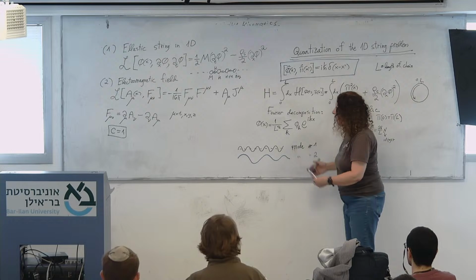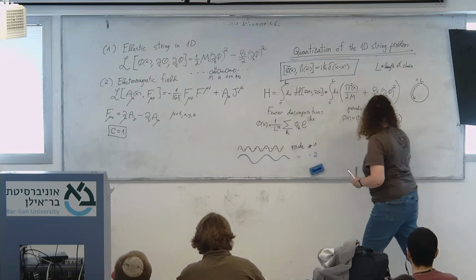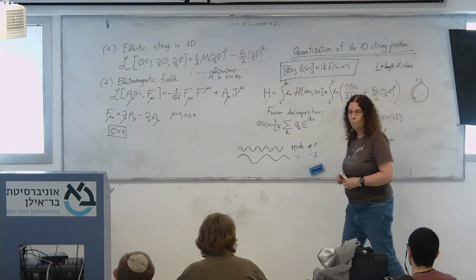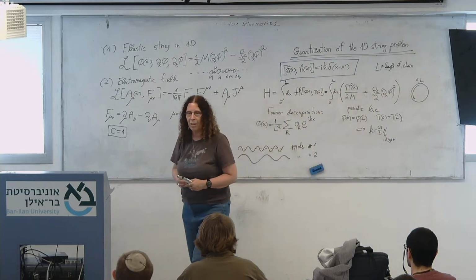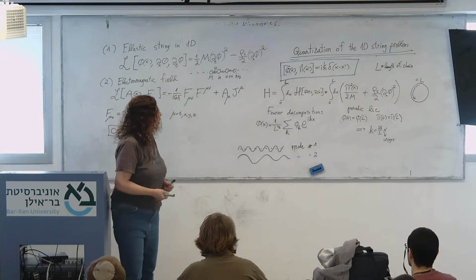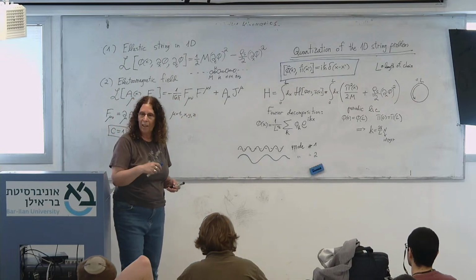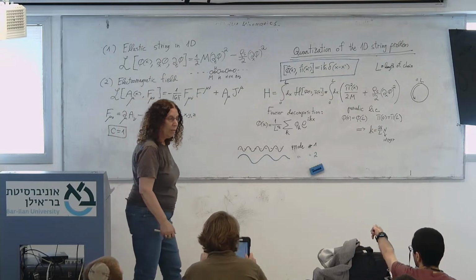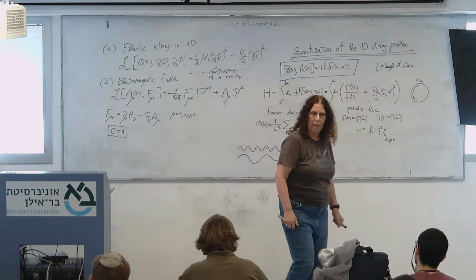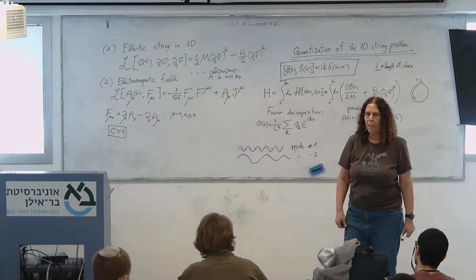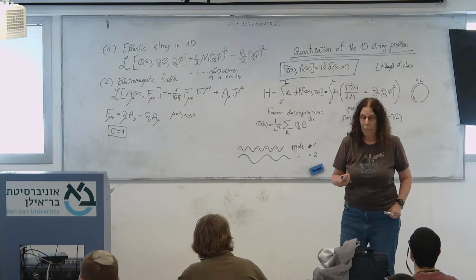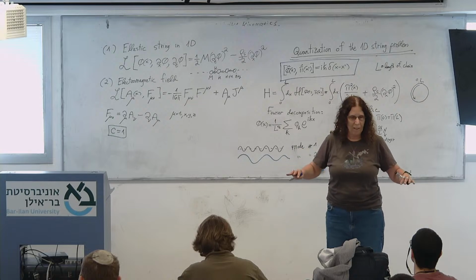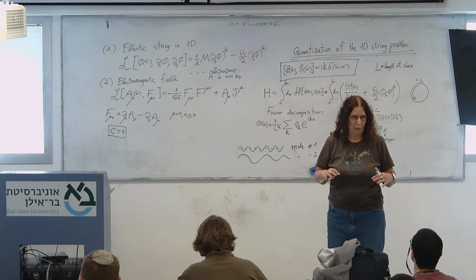And for each k, you have some wavelength, and this wavelength has to be L divided by an integer. Exactly, it's a collective. So the mode fields, if you try to relate them to the original particles, are collective objects.